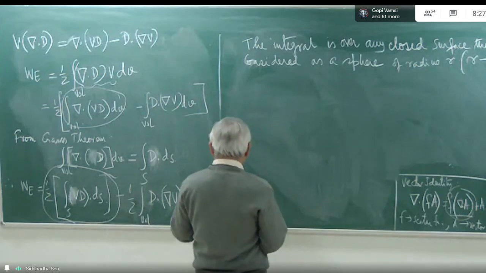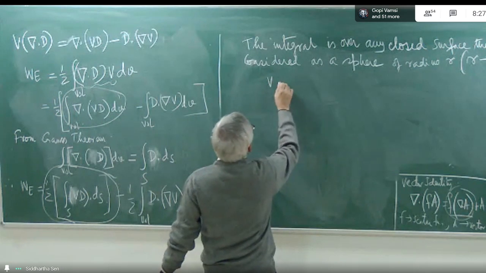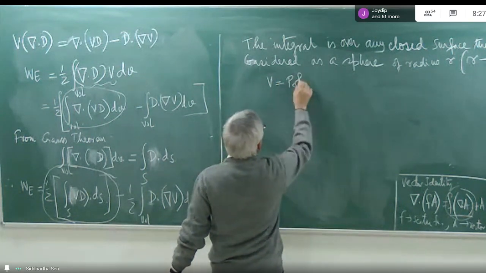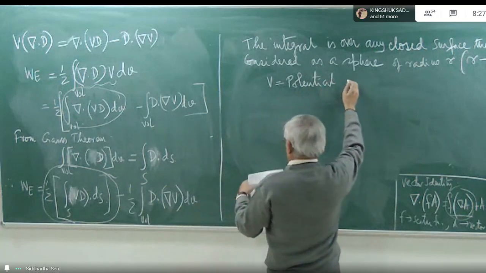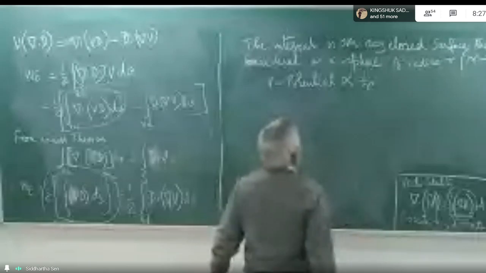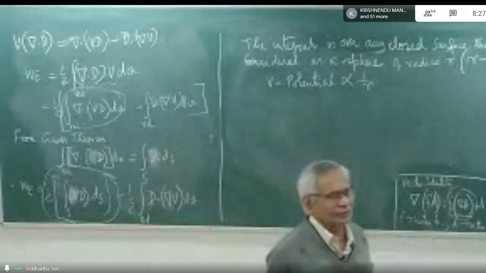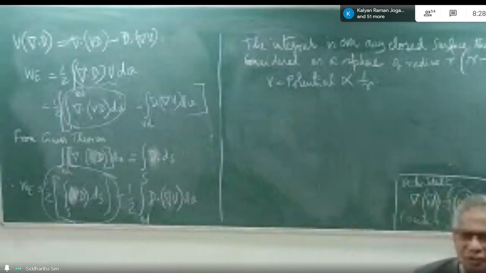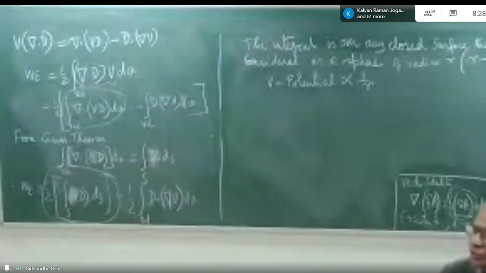And we know the potential at a point, which is V. This changes inversely with radius. As we increase the radius on the surface, the potential will be proportional to 1 by r.